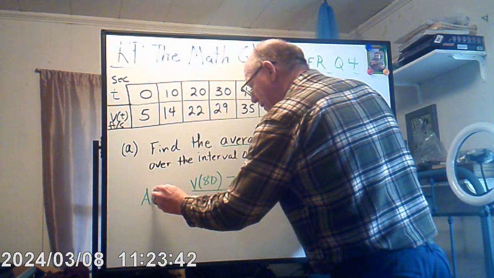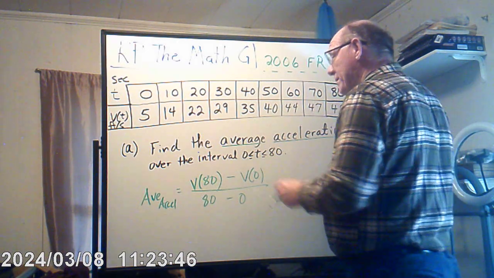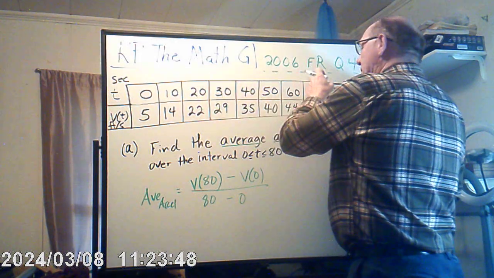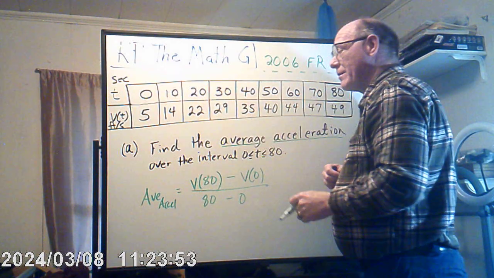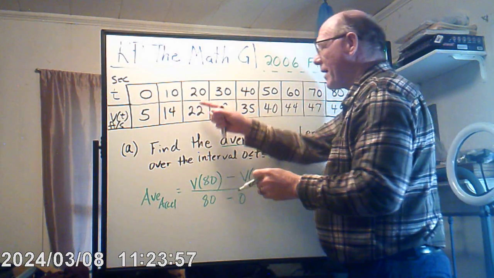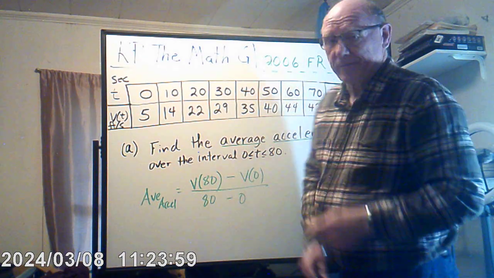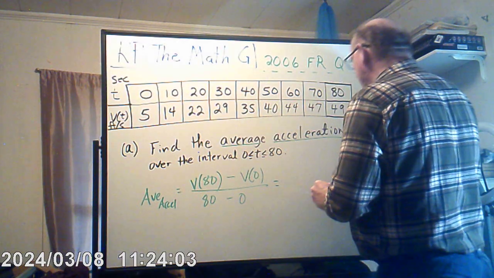That's what average is. If they said do it over a period of between 20 and 70, you would have done v at 70 minus v at 20 over 70 minus 20. That's how it's done. I know what v at 80 is, don't you?